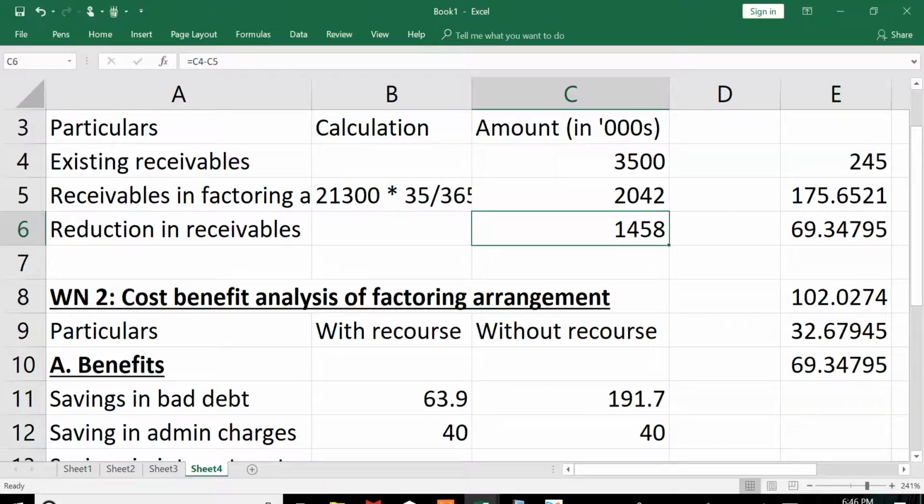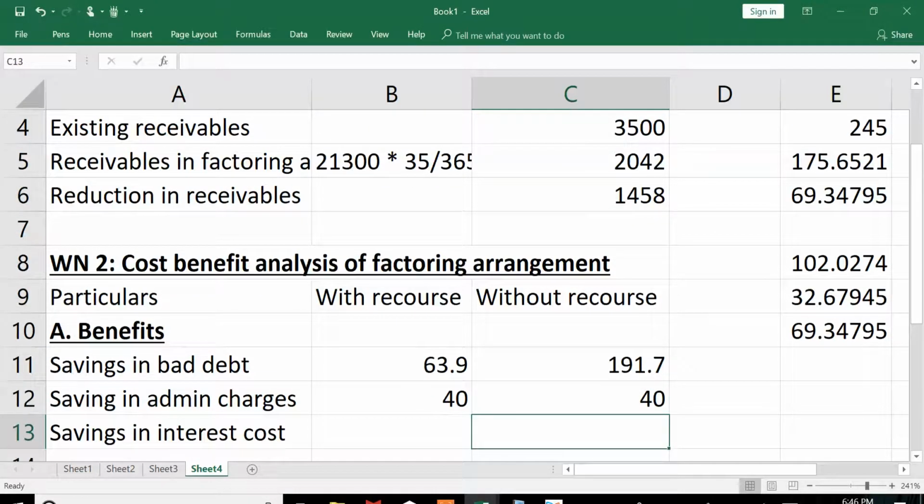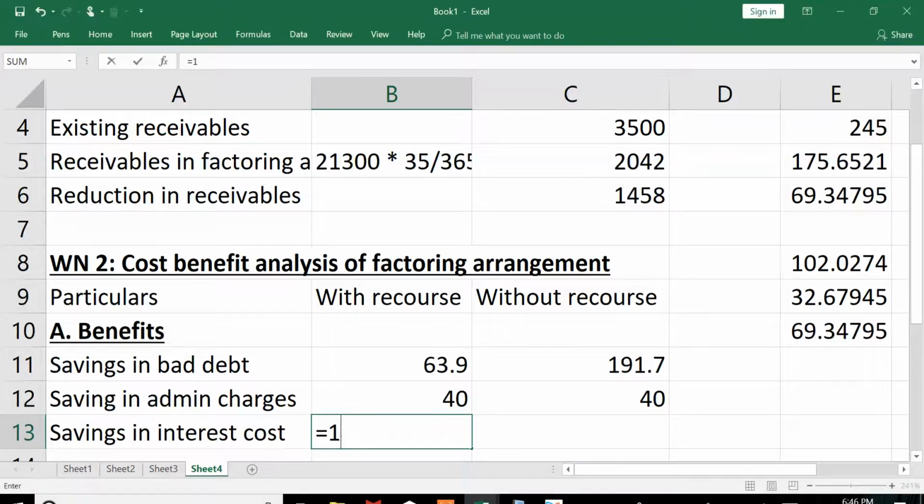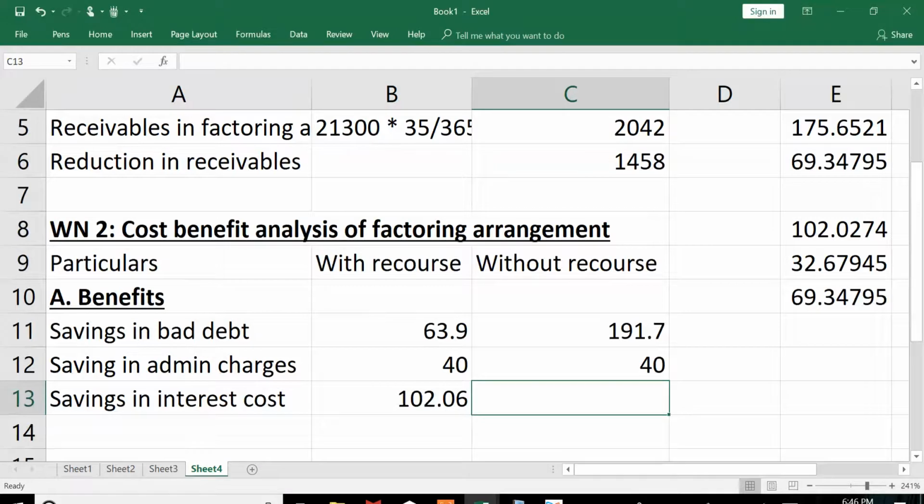Now write savings in interest cost. Savings in interest cost: 1458 into 7%.